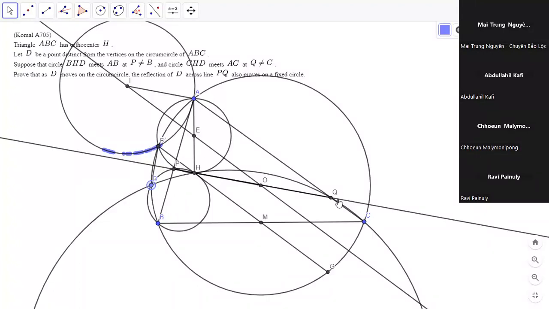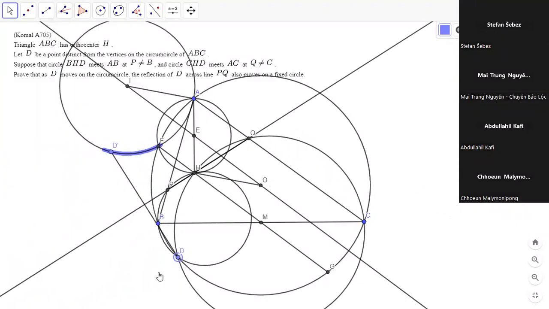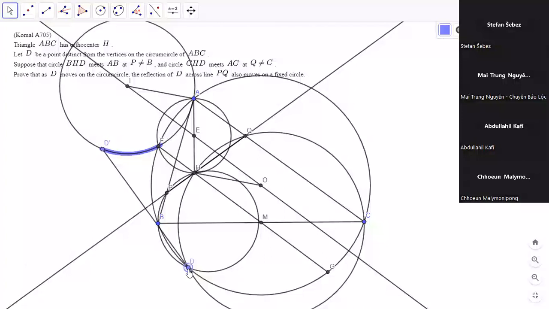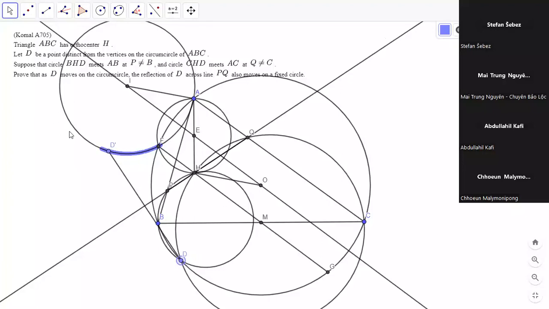You let OH meet AB and CD at P and Q, and then you draw in these circles, and you show this is isosceles, and then it's true. Basically, one way to think about it is drop a perpendicular from D to PQ and see where it intersects the circle, and then we want to show that that's isosceles. That's one way to do it.